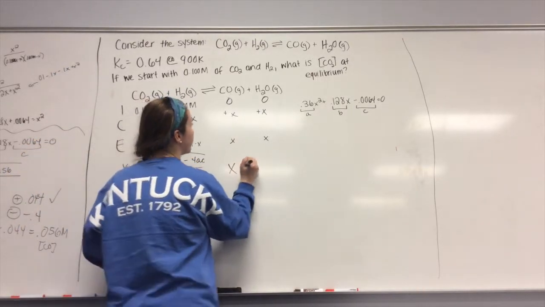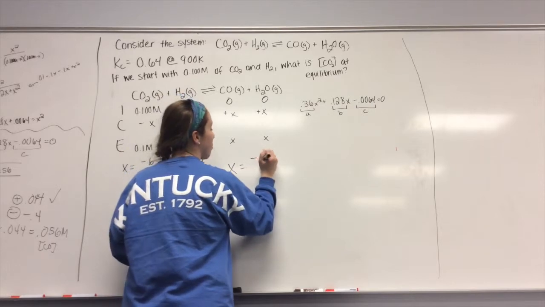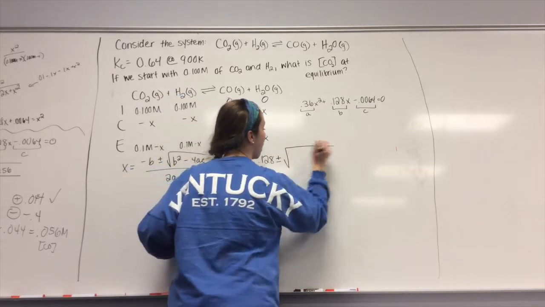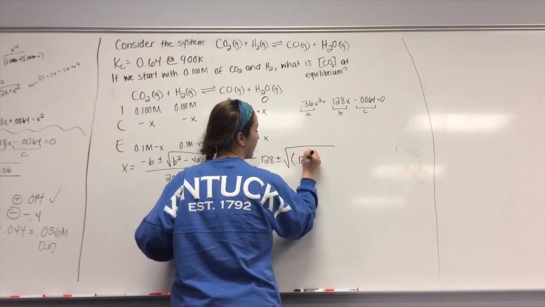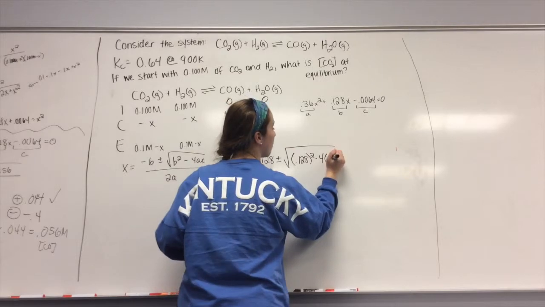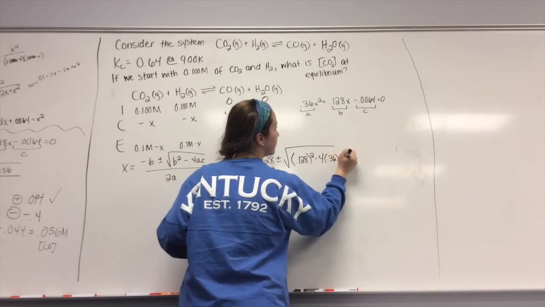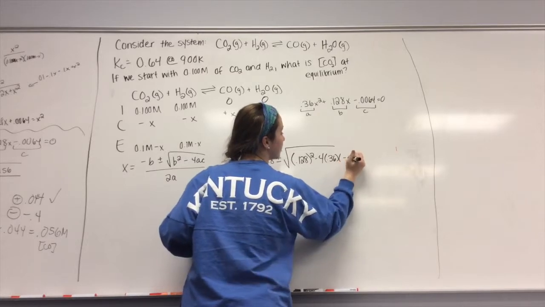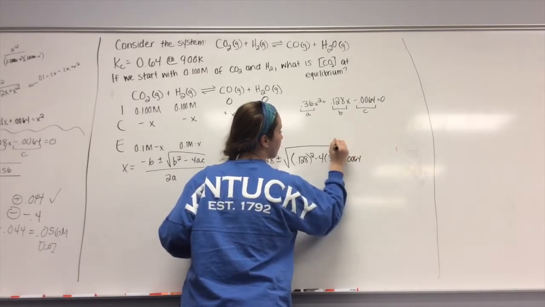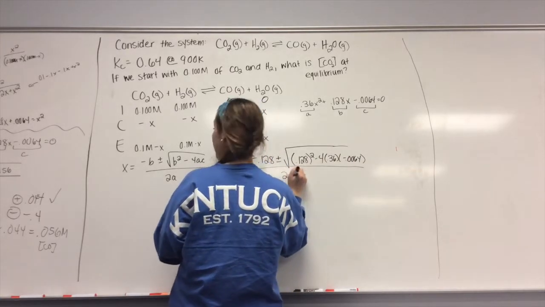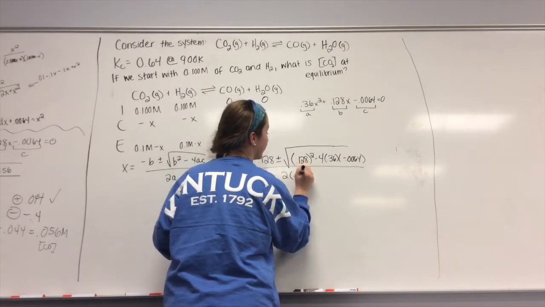So that gives you x equals negative 0.128 plus or minus the square root of 0.128 squared minus 4 times 0.36 times negative 0.0064. And all of that is over 2 times 0.36.